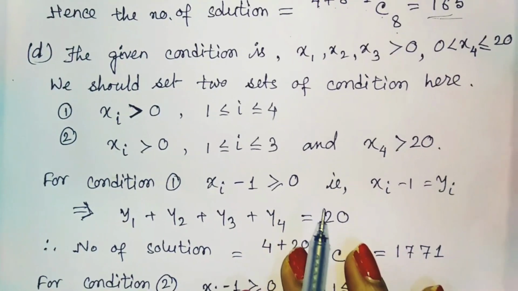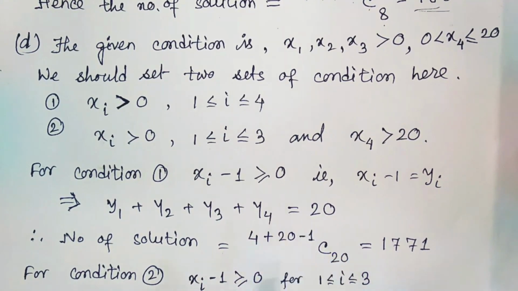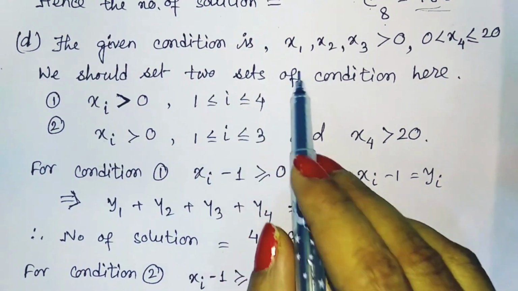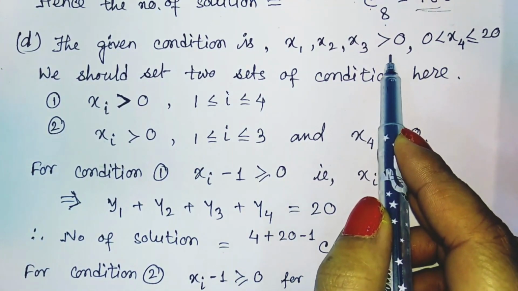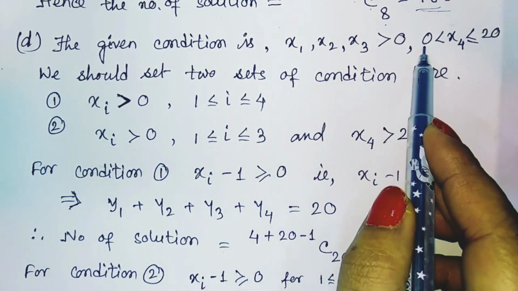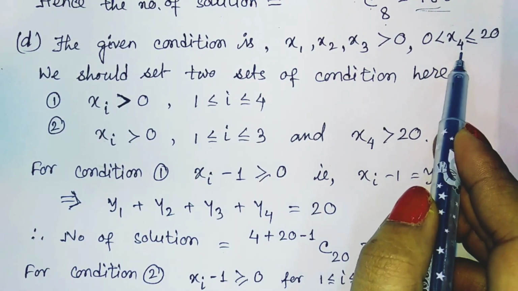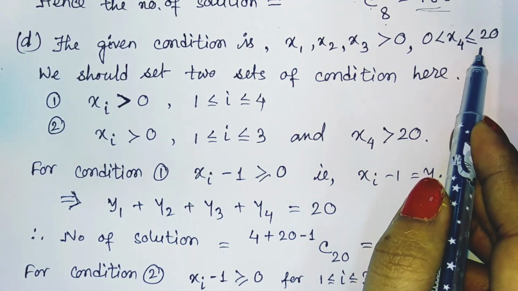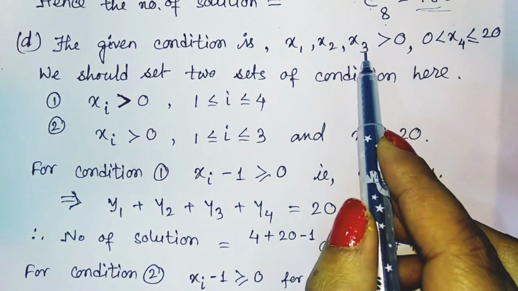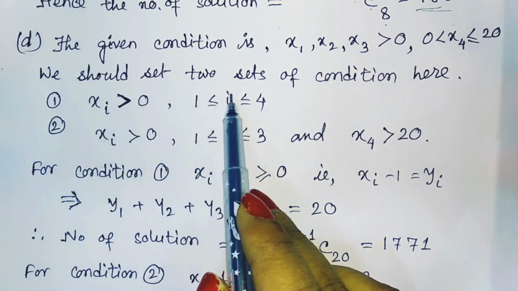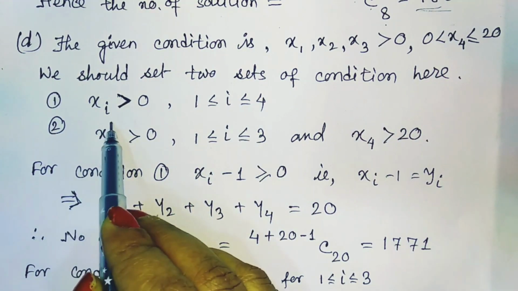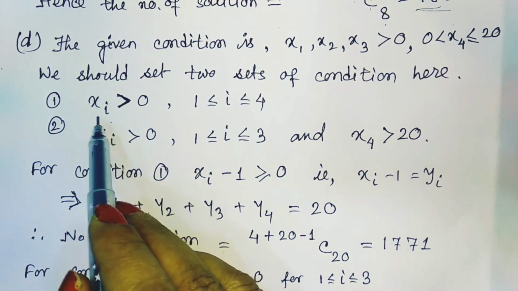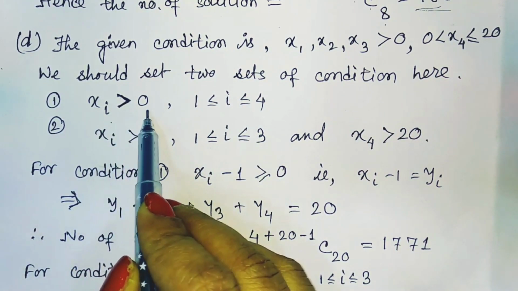Now the last condition. The given condition is x1, x2, x3 greater than 0, not greater than or equal to 0, and x4 greater than 0 and simultaneously less than or equal to 20. According to the situation, we divide this condition set into two conditions. In the first condition, we consider all x1, x2, x3, x4 greater than 0.